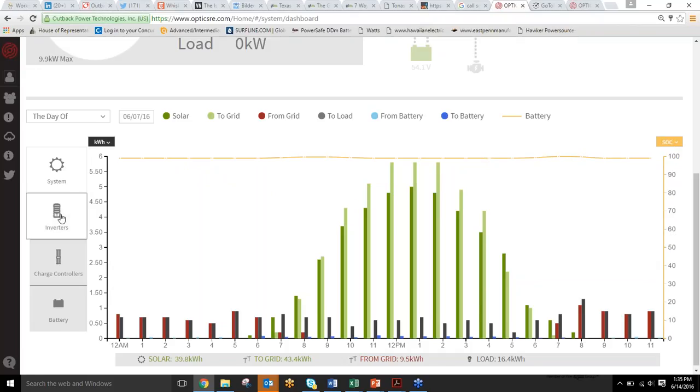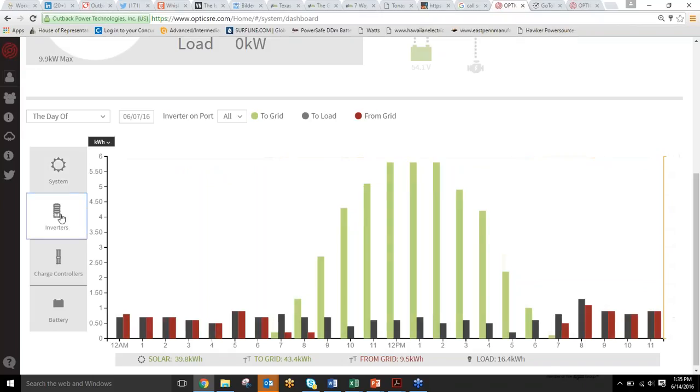Now, if we want to dive in piece by piece, we can look at just his inverters. This was a piece of the graphing that we had a moment ago, but it's not all of it, so you can get a little more granular. You can see that the inverters are selling to the grid. During the day, they've got excess production selling to the grid.